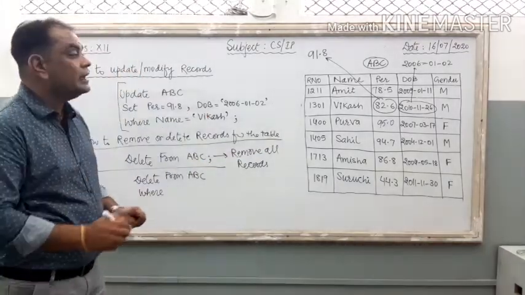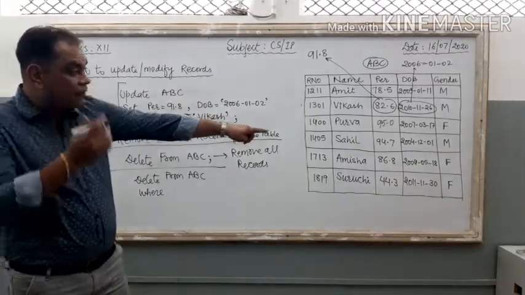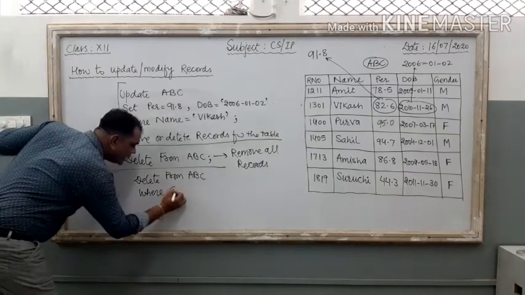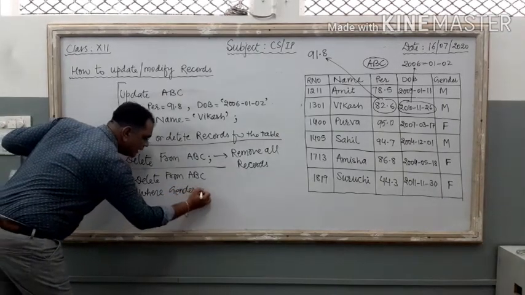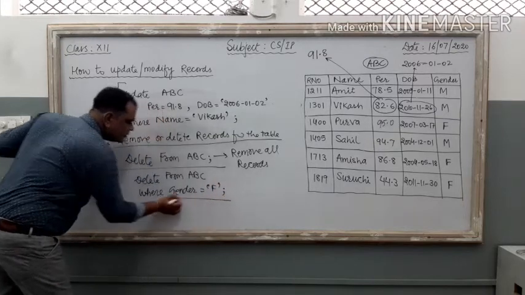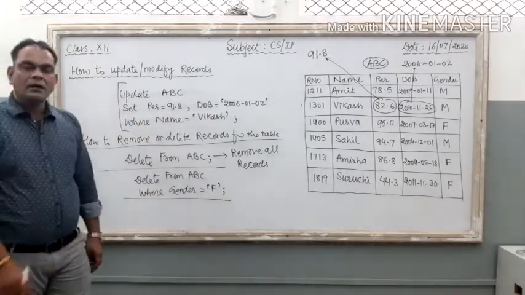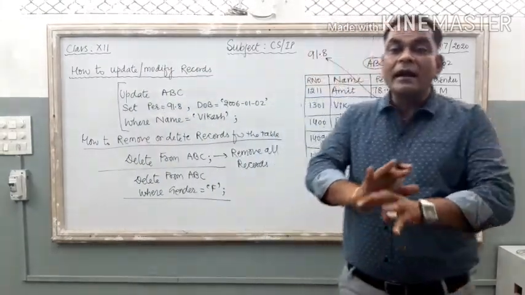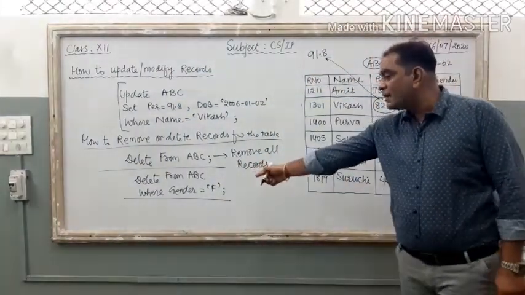So what will be the condition? Male and female, it is there in the gender column, right? So where gender equal to 'F'. Records that are related with female candidates are removed from the table if you execute this command.